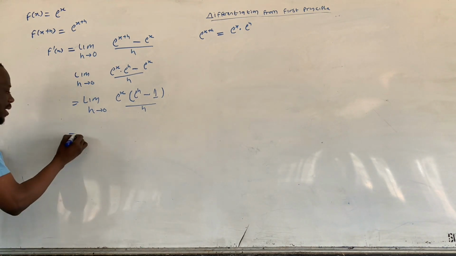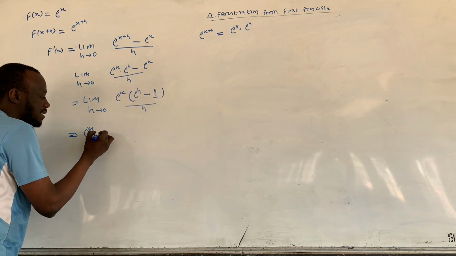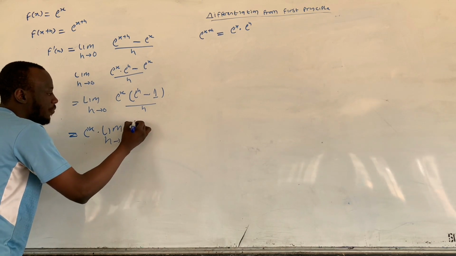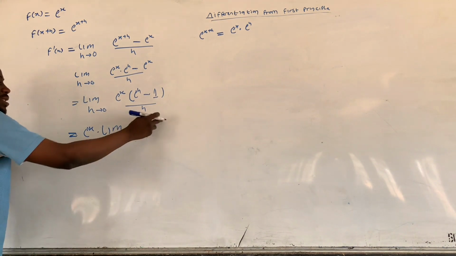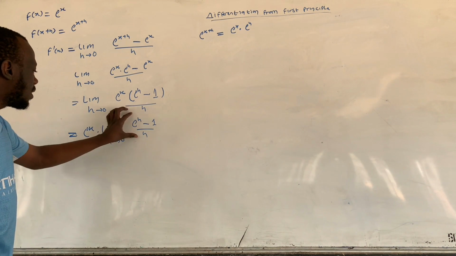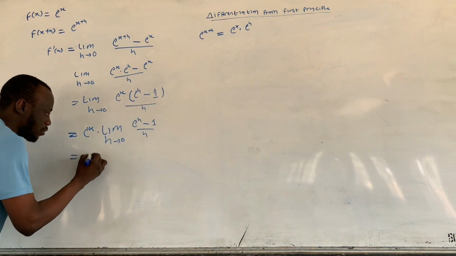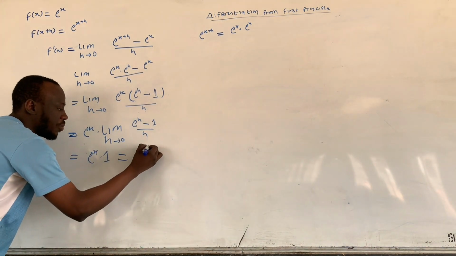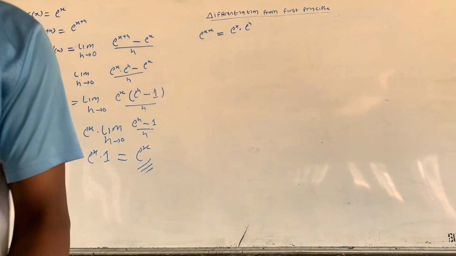Here e to the power of x times 1 gives us back e to the power of x. So we bring this down: e to the power of x times the limit as h approaches 0 of e to the power of h minus 1 all over h. We are recalling the rules of limits. This limit is equivalent to 1, as also shown by the Taylor series. So e to the power of x times 1 equals e to the power of x. This is our final answer for this question.